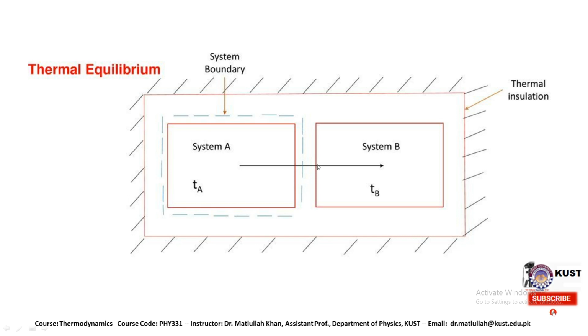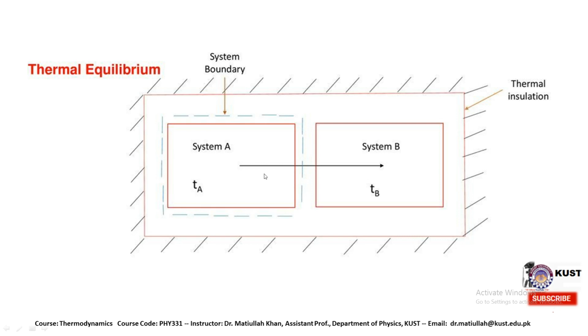In this case, the temperature of system A is represented by TA and the temperature of system B is represented by TB. If system A has a higher temperature than system B and they are brought in thermal contact, what will be the result?